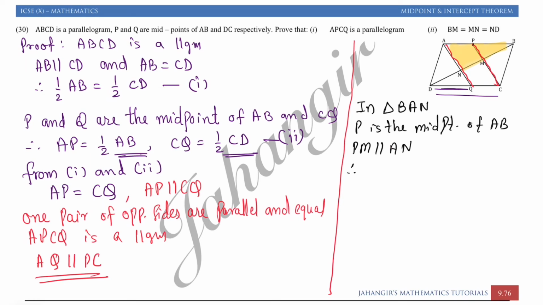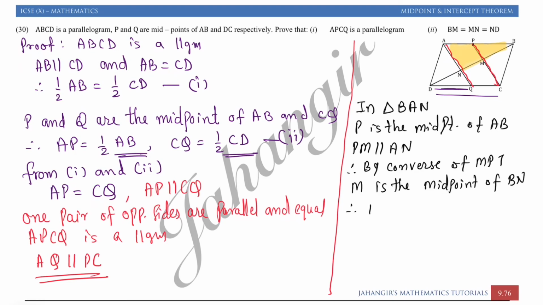So therefore by converse of midpoint theorem, we can say M is the midpoint of BN. So therefore we can say BM is equal to MN. This you can say as third result.